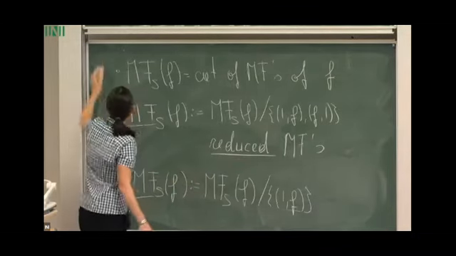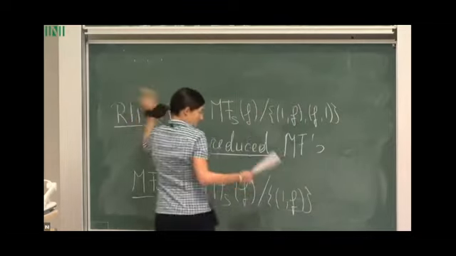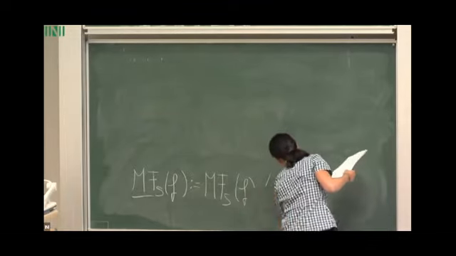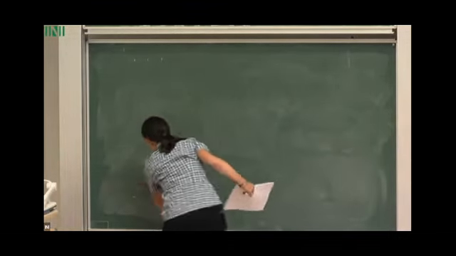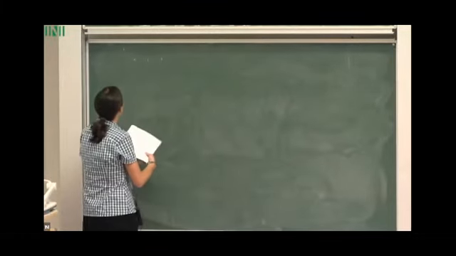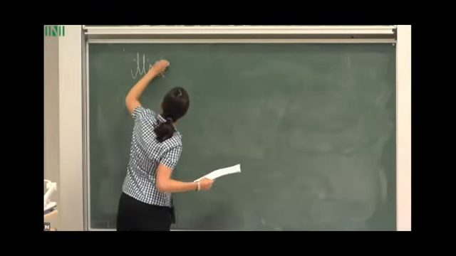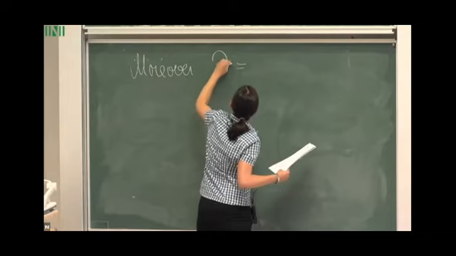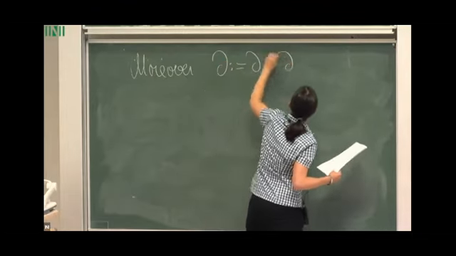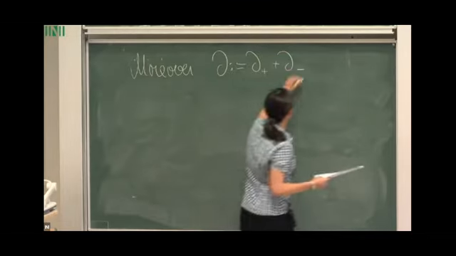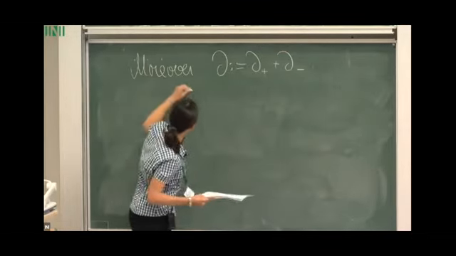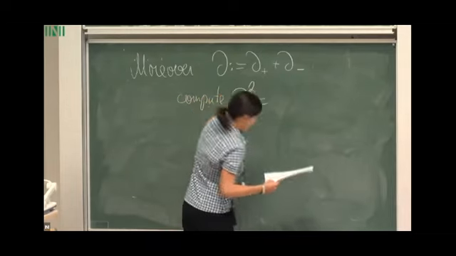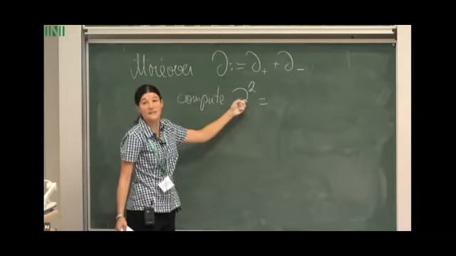And then the second part of the exercise is what's giving us the matrix factorization, namely we set delta to be the sum of delta plus and delta minus, and then if we compute delta squared, you might think this is 0, but indeed it's not.